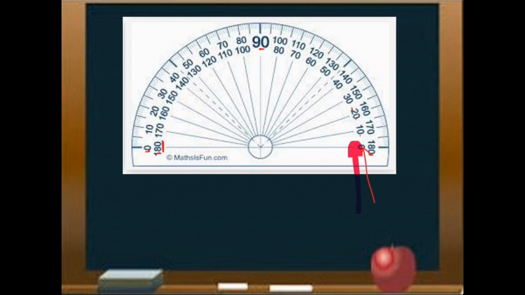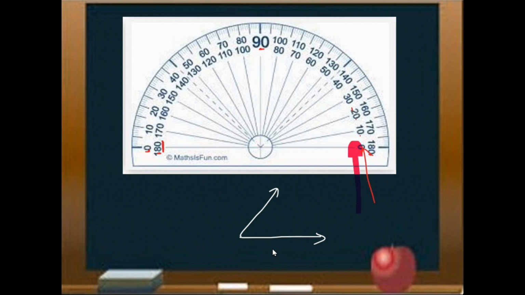Suppose you have an angle like this and you have to measure the angle by using the protractor.